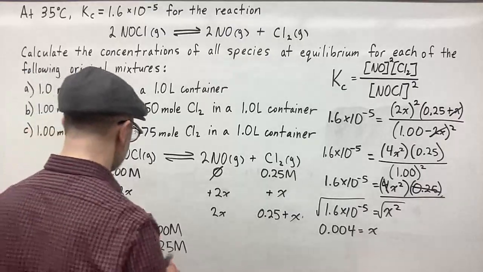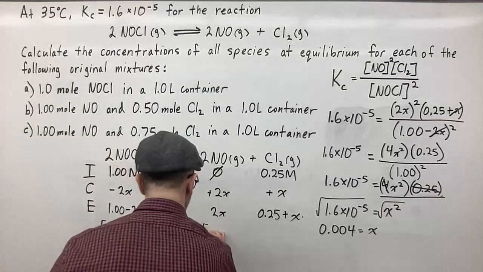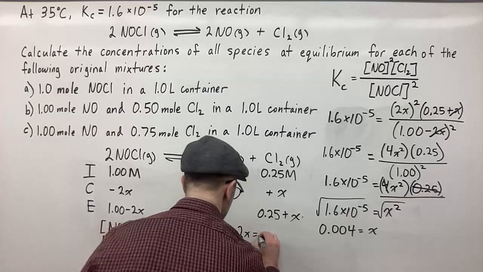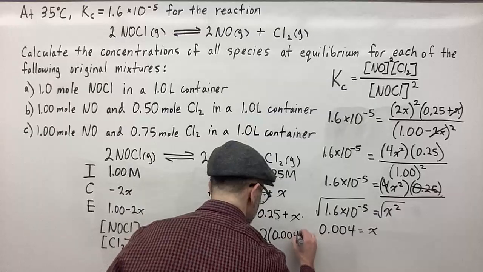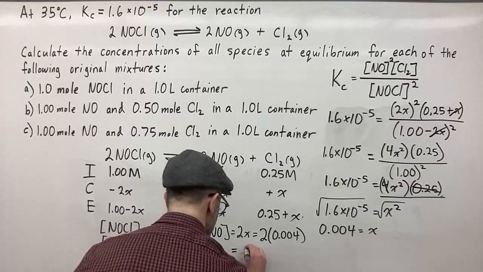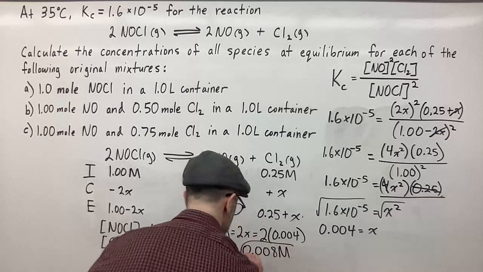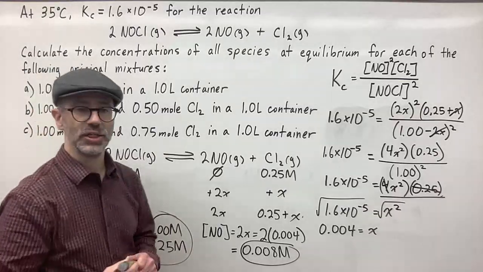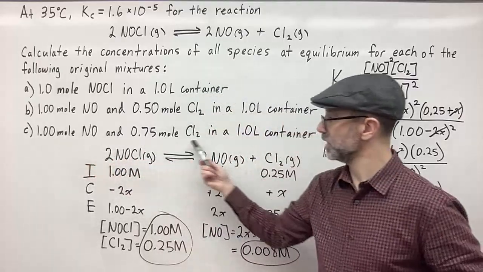And then finally, because we have 2x here, the concentration of NO is going to be equal to 2x, which is equal to 2 times 0.004, which means that the concentration of NO is going to be 0.008 molar. So these are the equilibrium concentrations of the species under these conditions.